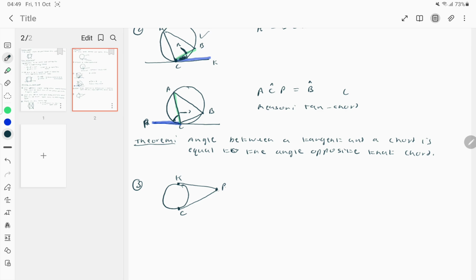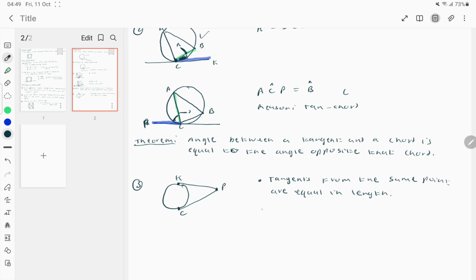So as long as both of them start at P, tangents from the same point are equal in length.